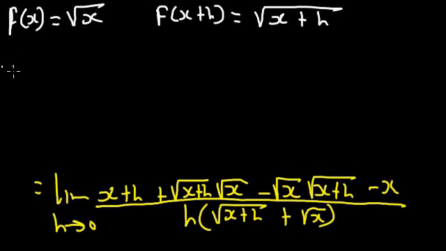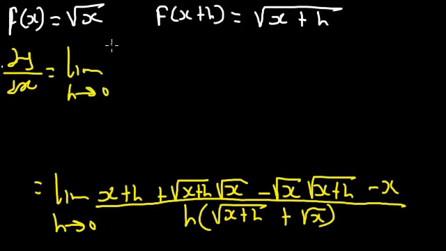So now we have dy/dx equal to the limit as h approaches 0 of... Notice that these terms cancel out. They are like terms with opposite sign. Negative x cancels positive x. So what is left over is just h.